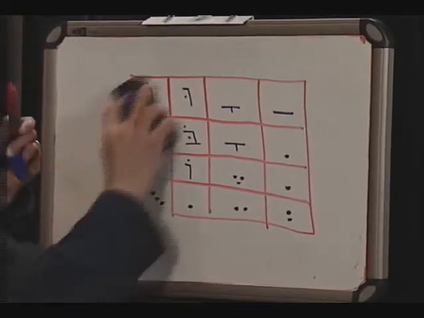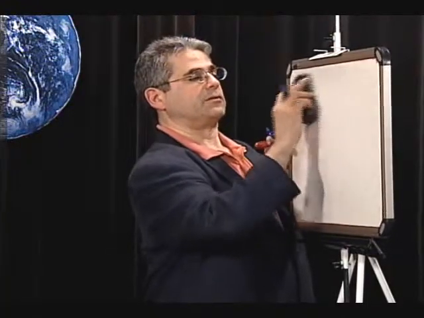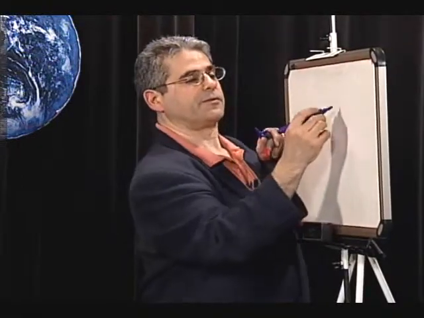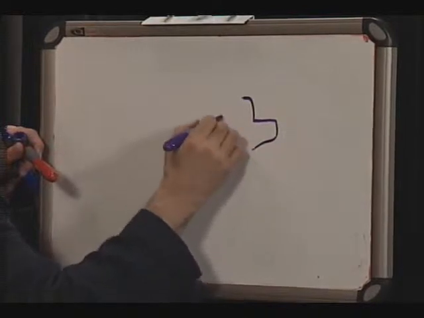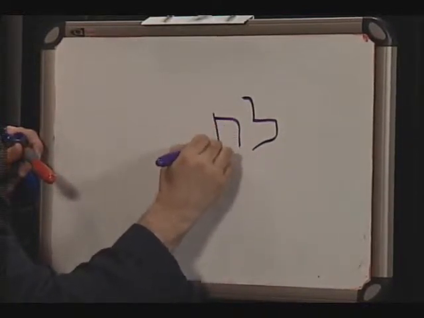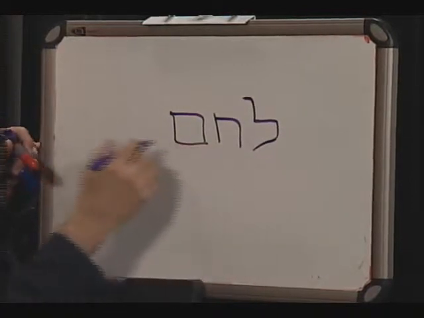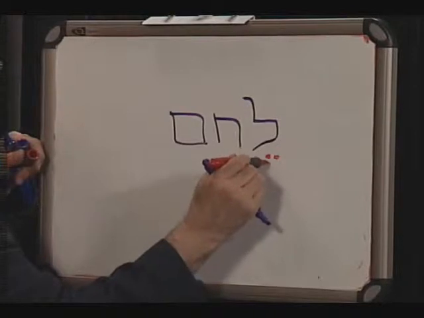So now, let's take a few words that you might know. Because from the prayers, you might have heard of this word before. Now that you're just learning it, let's talk about what we have here.